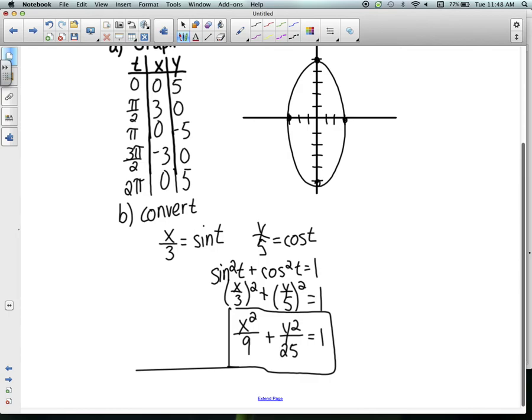And then, ooh, sorry about that. We do get the standard equation of the ellipse, same as what you're seeing from your graph.